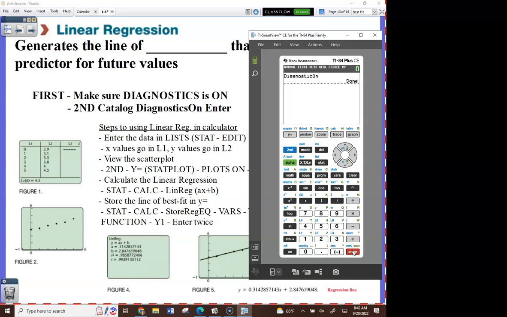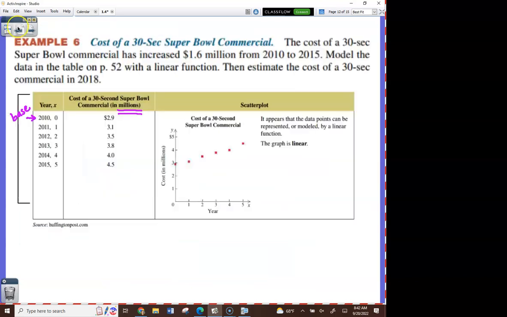Now, let's do the problem we're going to enter. In order for the calculator to tell me any information about it, we need to enter the data in the calculator. We don't have the equation of the line, all we have are points, right? If you look at your paper, these are coordinate points. I'm just going to write in the middle, you have 0, 2.9, you have 1, 3.1, and so on.